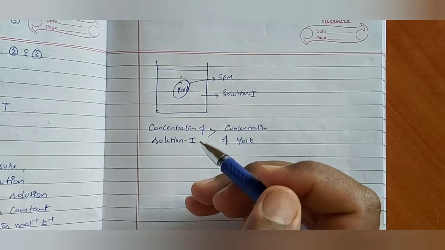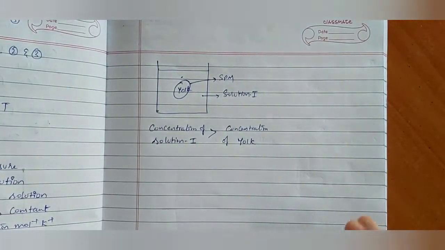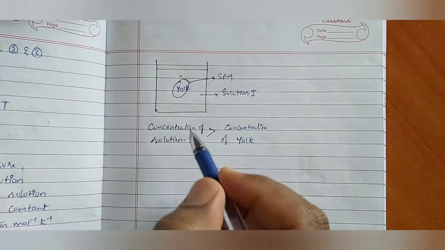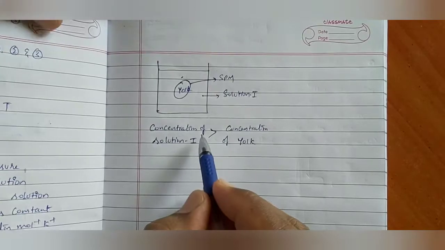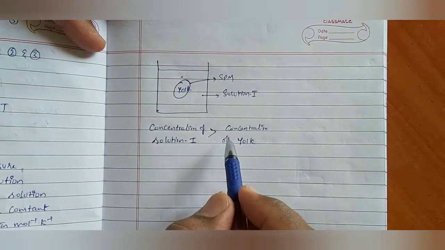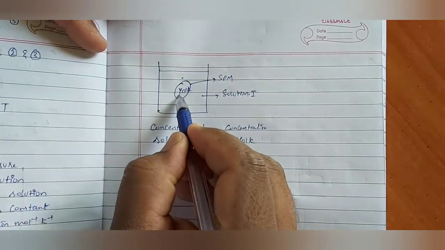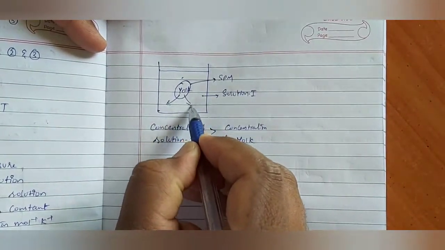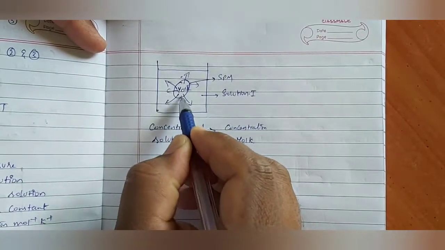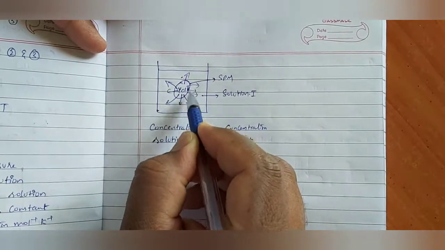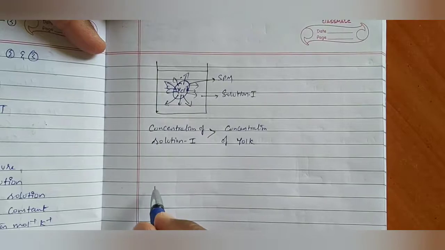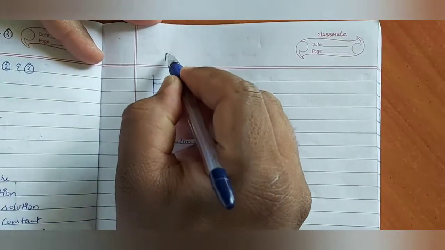That means solvent molecules will move from the low concentrated region to the high concentrated region. Which one is high concentrated? Solution 1, as we have taken. Then solvent molecules will come from the yolk to the solution. That means solvent molecules will move from inside of the egg to the outside. This is called exoosmosis.